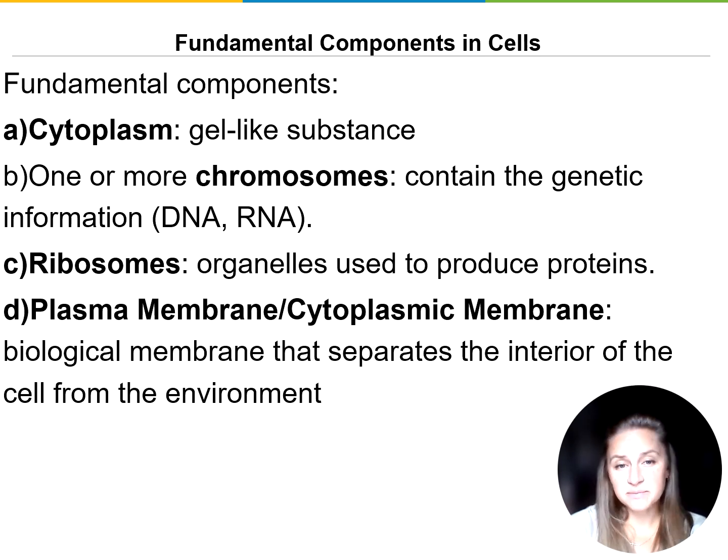We'll talk about plasma membranes and cytoplasmic membranes. Remember, in a previous lecture, we talked about a special type of lipid called a phospholipid, and these phospholipids are what make up these membranes. And the membranes are really important to separate different compartments in the cell.